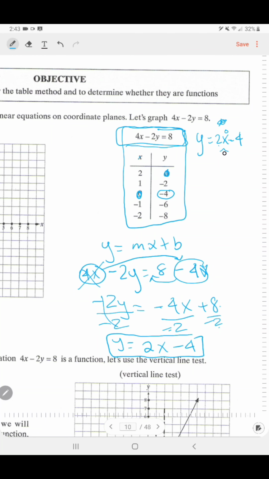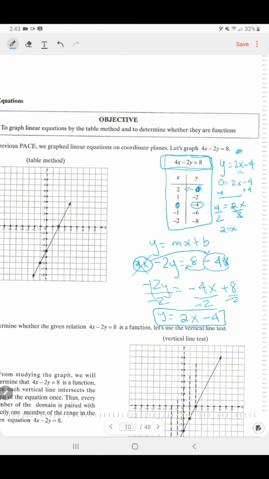And then if I plug in 0 for y, which is called the y and x intercept, if I move over the 4 and solve for x, 2x, and then divide by 2, 4 divided by 2 is 2. So if you see right here, 0 and 2. That's where these 2 dots come from.